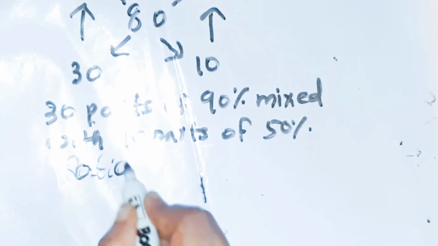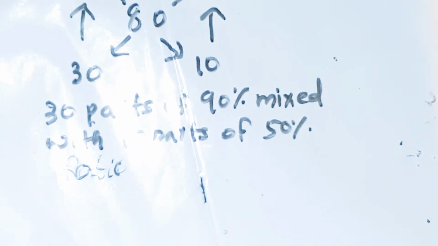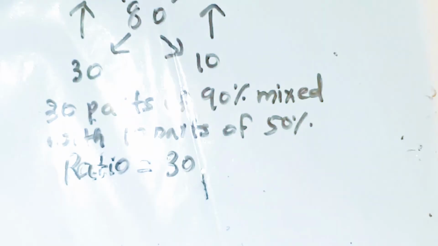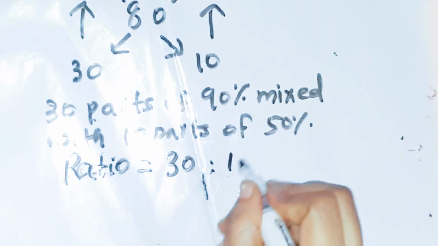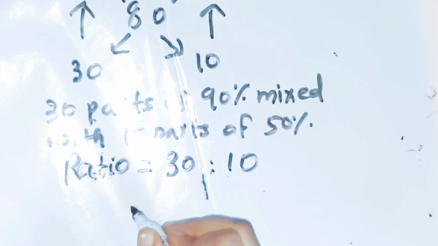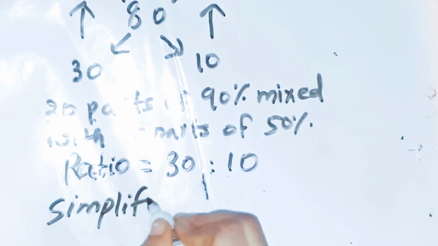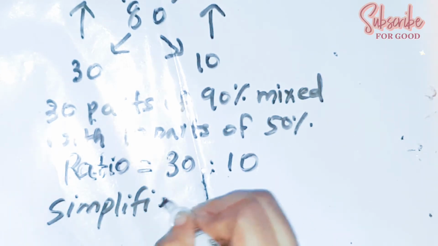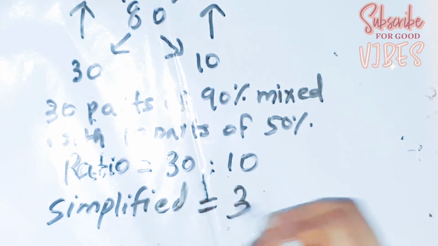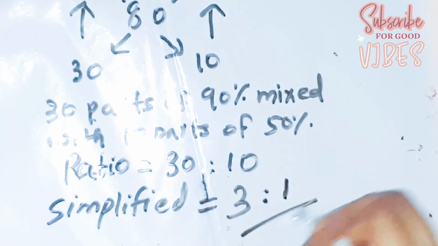Now this would give us a ratio of 30:10. And when we simplify this ratio, we'll get 3:1. And that is the proportion we require. So the answer is 3:1.